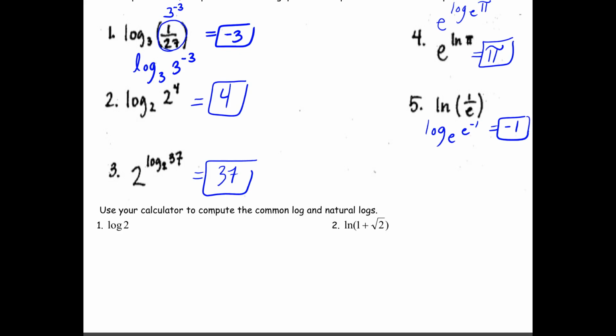Okay, let's go ahead and just use your calculator and make sure you know how to compute these types of numbers. So number 1 is a common log. You don't have to change the base in any way. So I'll switch the source, go to HDMI 2, and if I type in log 2, most often they're going to ask you to round to the nearest thousandth.